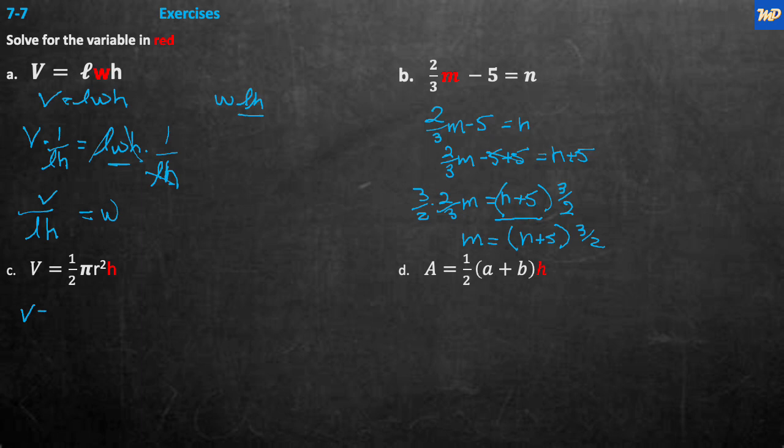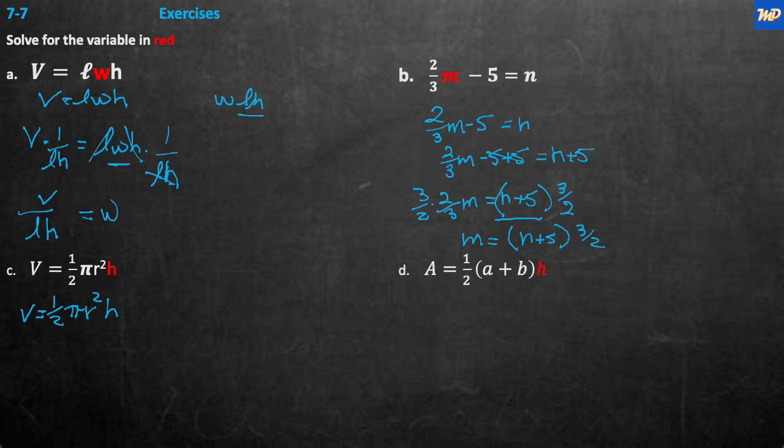Okay, C. V, volume, is equal to 1/2 pi r squared h. Let's solve this for h. That means we have to move all of this stuff in front of the h to the other side. We're going to do that by dividing it out, or multiplying by the multiplicative inverse.